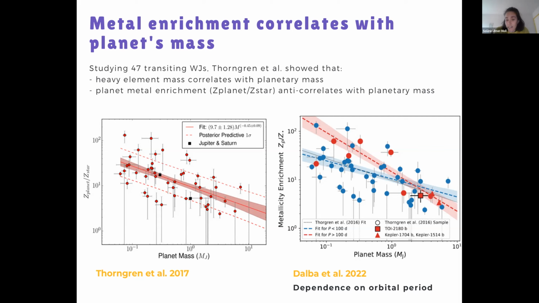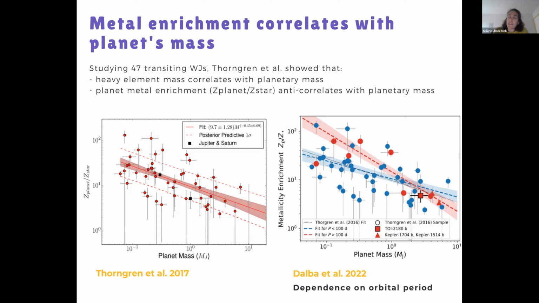And on the right side, I show a plot from Part d'Arba et al. 2022, where the authors investigated the dependence on orbital period of this relation. So the planet metallicity is anti-correlated with the planet mass, as for Thorngren, but they show that for longer period planets, longer than 100 days, we see a hint that there could be two different slopes, and maybe the scatter of this relation could be different too.